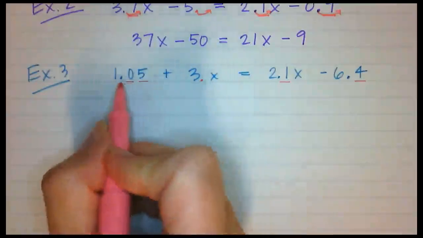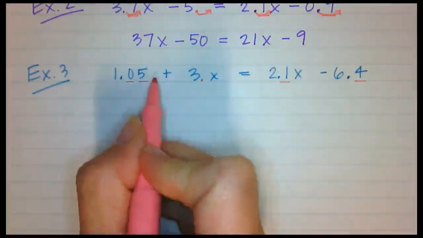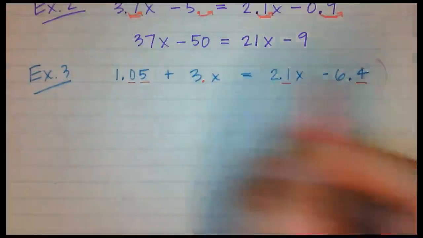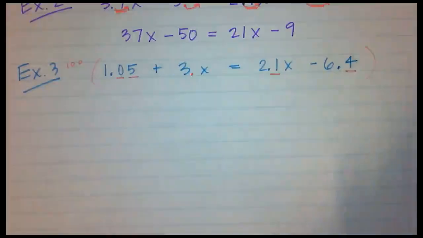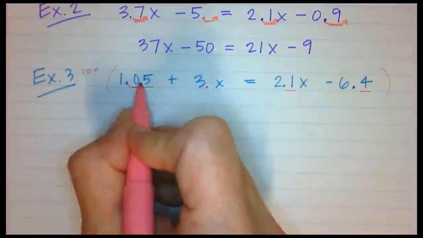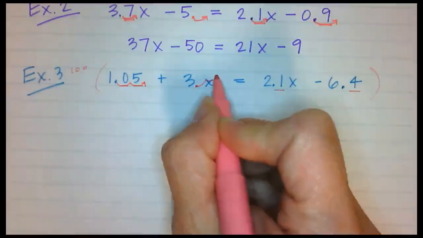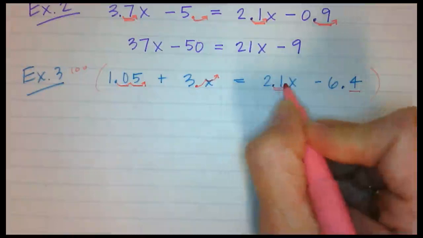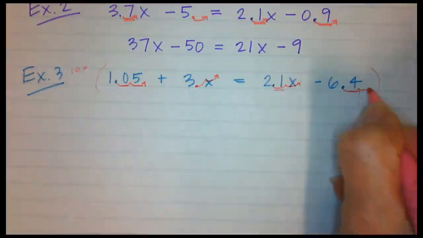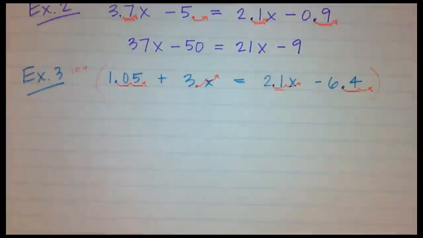So what we want to do is move this one 2 places over. So basically what we're doing on this equation is multiplying by 100. So we'll go 2 spaces there, which means we would have to go 2 spaces, 2 spaces, and 2 spaces.